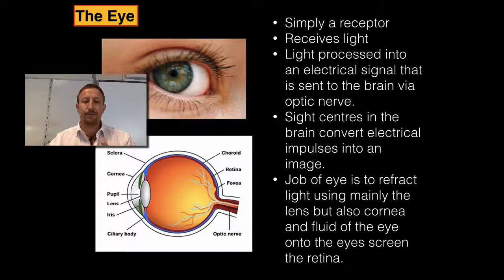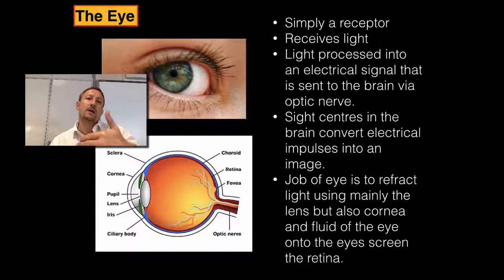Now, the fluid, the cornea, and the lens all have a job of refracting the light onto that retina, that screen at the back of your eye. Okay, so all of those things will bend the light, and we can alter the position of our lens as it passes through the fluid so that we can continuously get a clear image on our retina, so that we get a clear image in our brain.